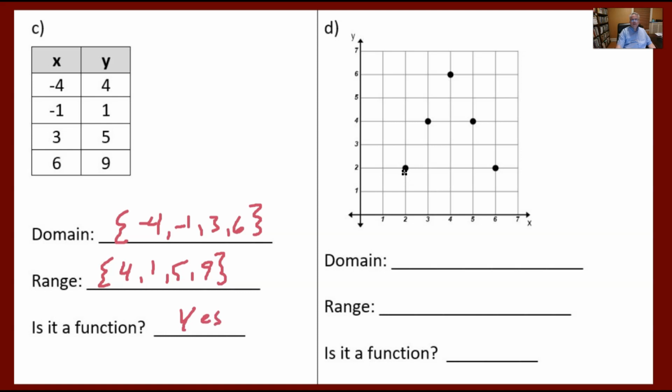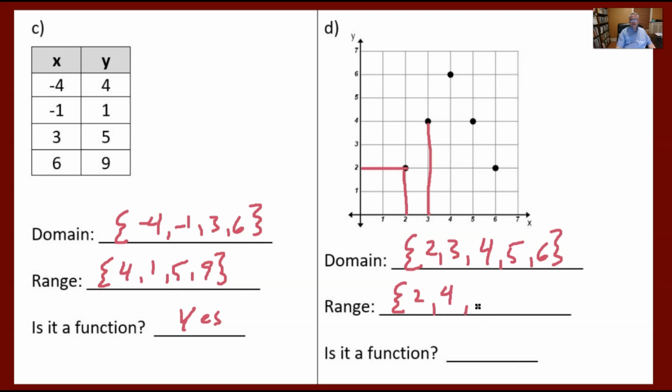All right, we have discrete points. The x values of each of the points form the domain. This point has x value 2, we have x value 3, this one has 4, x value 5, x value 6. So the domain is 2, 3, 4, 5, and 6. The range is the set of y values. We have a 2. This one has y value 4.